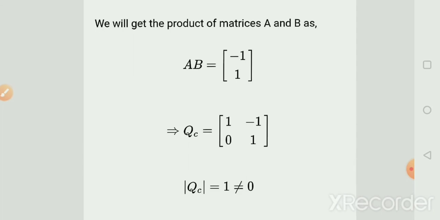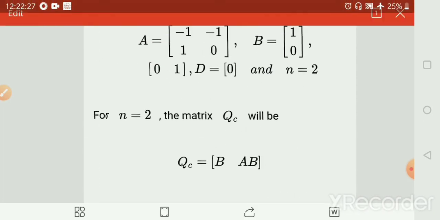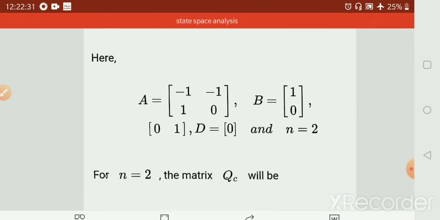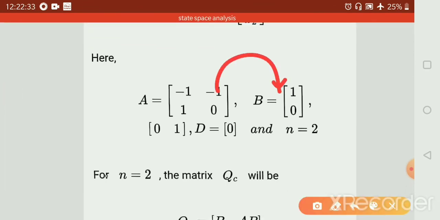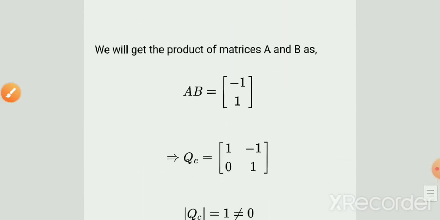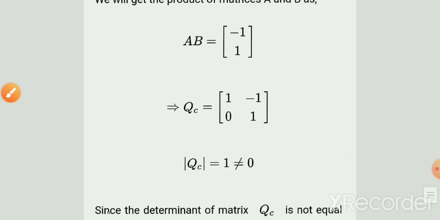It is the multiplication of the A matrix by the B matrix, and by this we get AB equal to [-1, 1].